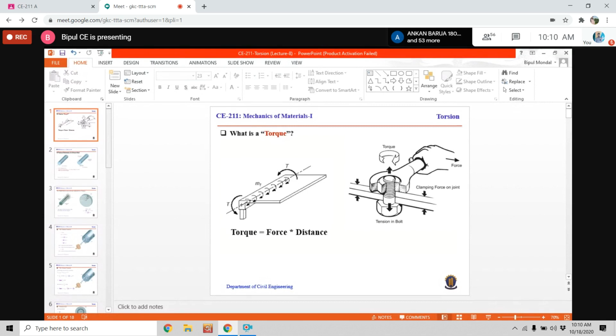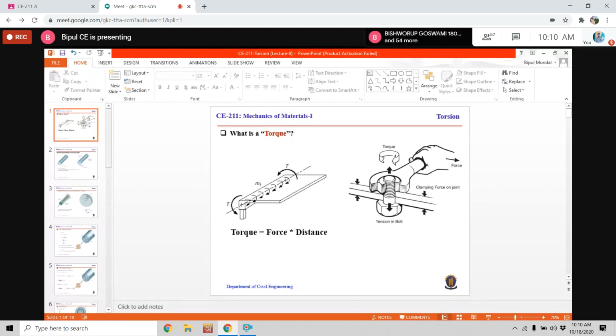So what is the response of a force? A response means if we apply a force to a structure or to a body, then what will be the change of the structure, that means change in shape, change in section, change in volume.